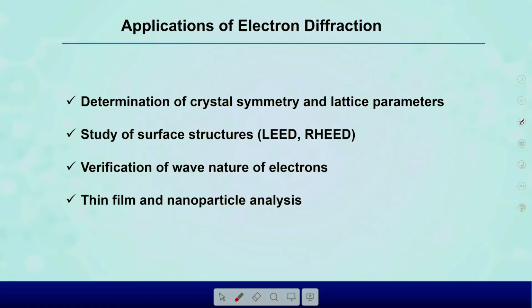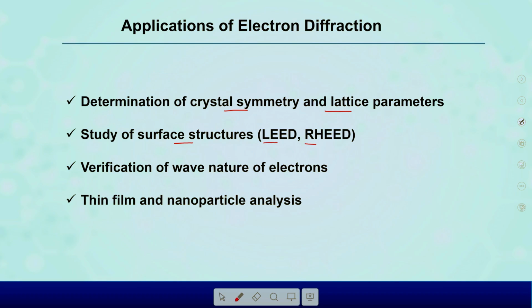Let us see the general applications of the electron diffraction method. It is widely used in the determination of crystal symmetry, the identification of lattices and the calculation of lattice parameters. It is also used for the study of surface structures, particularly LEED and RHEED.